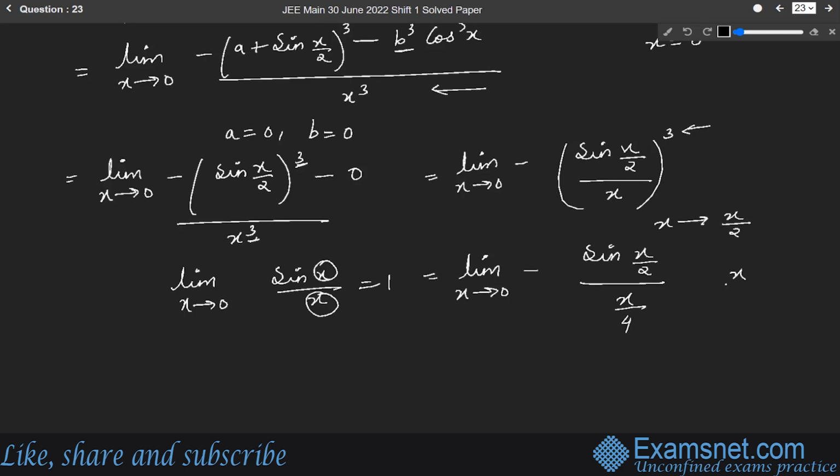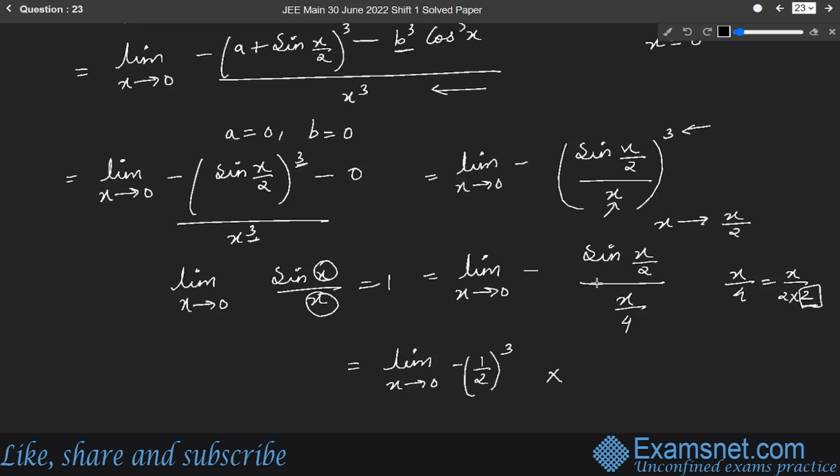Now x by 4 can also be written as x by 2 into 2. So let us take 1 by 2 outside, because we want to make it x by 2. So limit x tending to 0 minus of 1 by 2. See, this whole expression is in cube, so when 1 by 2 comes outside, it will be 1 by 2 cube.